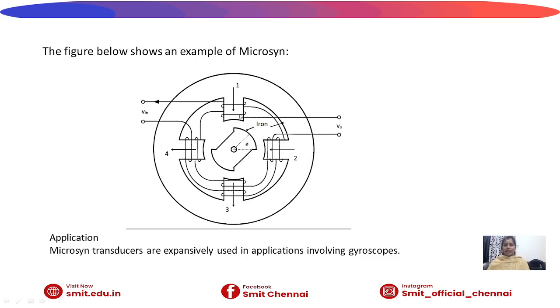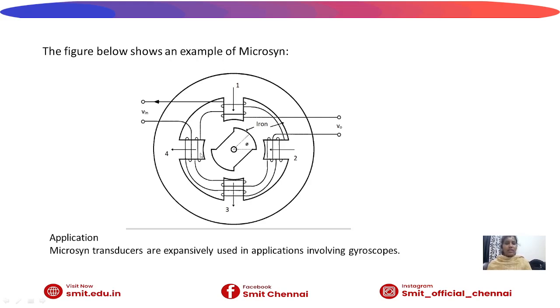If I give some voltage to this rotor, the output of 1 and 3 is the same. If it increases, then coils 4 and 2 have decreased resistance and 1 and 3 have increased resistance. And vice versa.